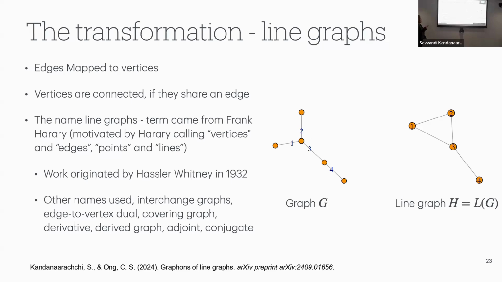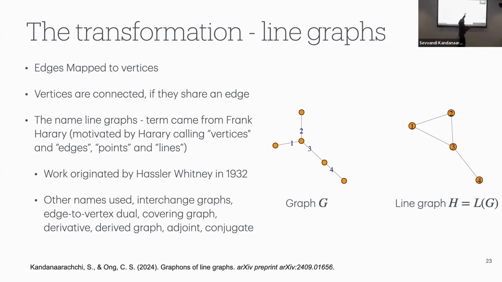So what's the transformation? The transformation is taking line graphs. For line graphs, you have your graph and you map the edges to vertices. So this is your graph G, and we have 1, 2, 3, 4 edges.